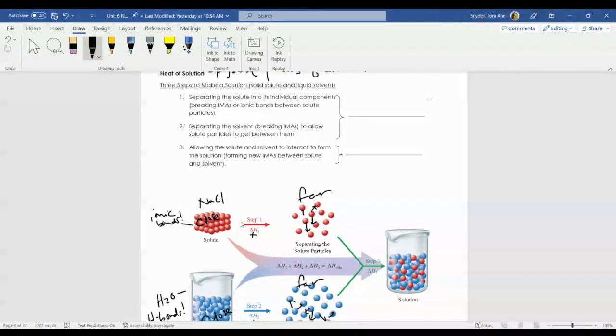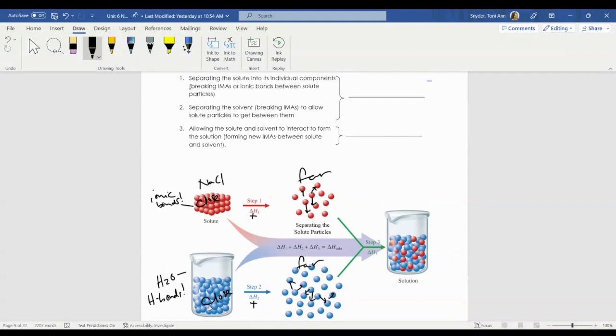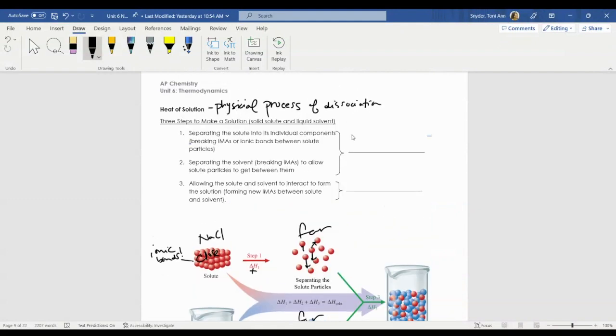And then I have to also break some hydrogen bonds in my solvent. Usually that's water. Both of these require energy. We have to put energy in for this to occur. So delta H is going to be positive. This is an endothermic process.